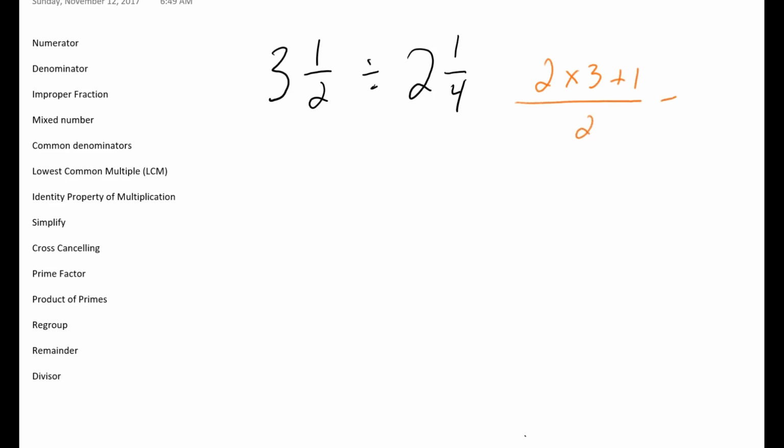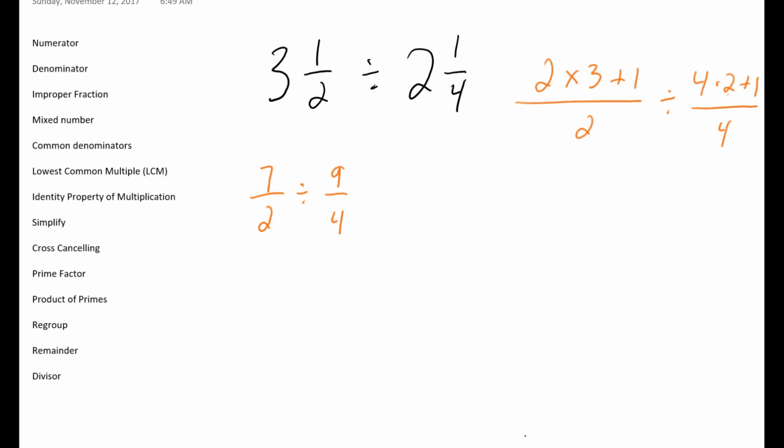That's the first one, divided by denominator times my whole number plus my numerator all over 4. So when I do that, I have 2 times 3 is 6 plus 1 is 7. So I have 7 halves divided by 4 times 2 is 8 plus 1 is 9 quarters.